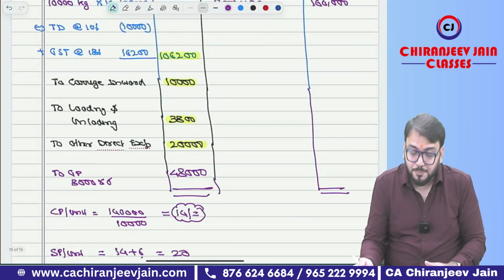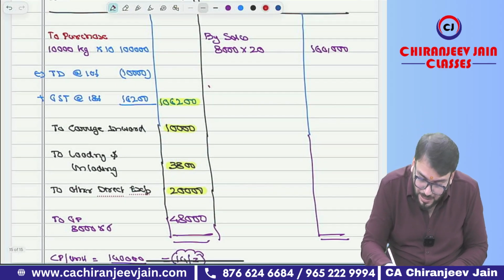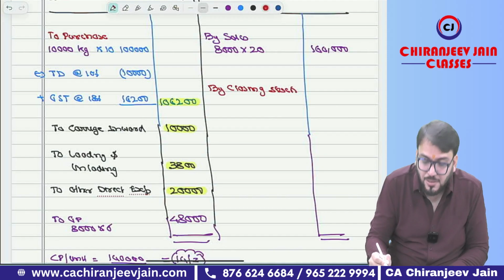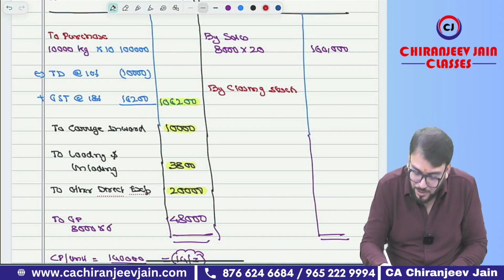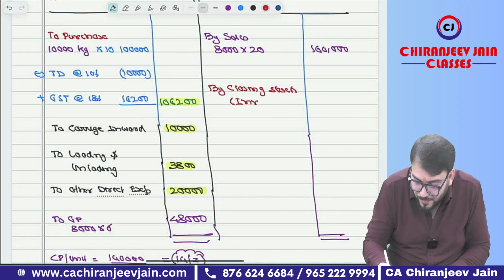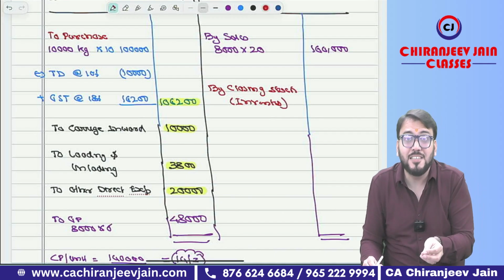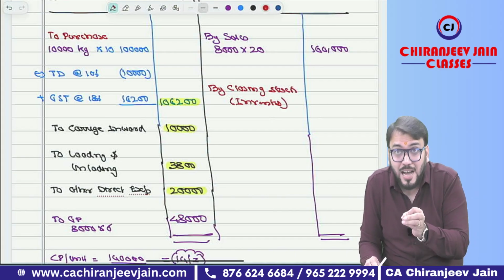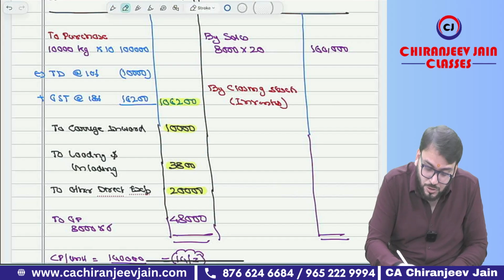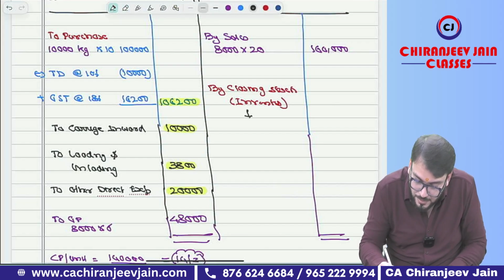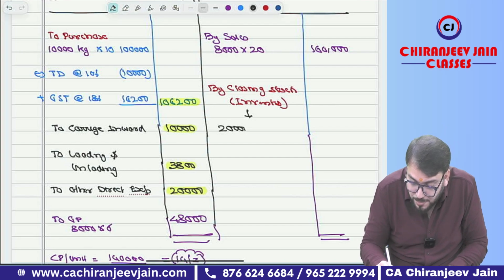Can you say the balancing figure of this account will be closing stock? Closing stock means inventory. But how to measure this? That is why we are here to understand. He will say your closing stock, how much is left? 2,000. And what is the cost price per unit?